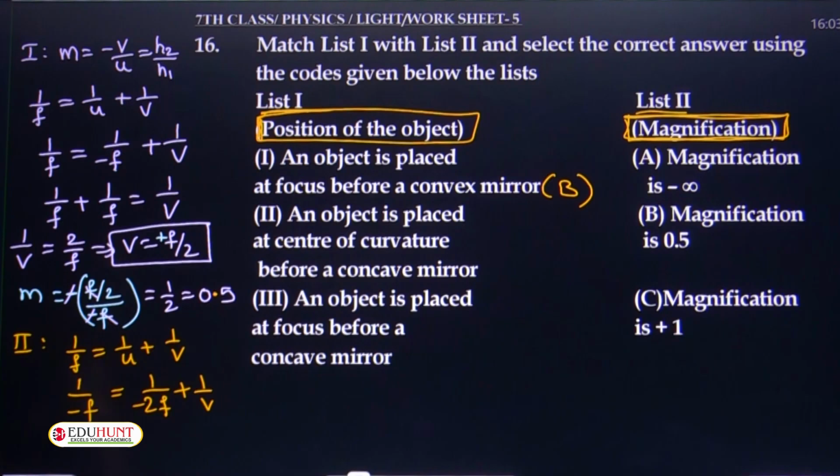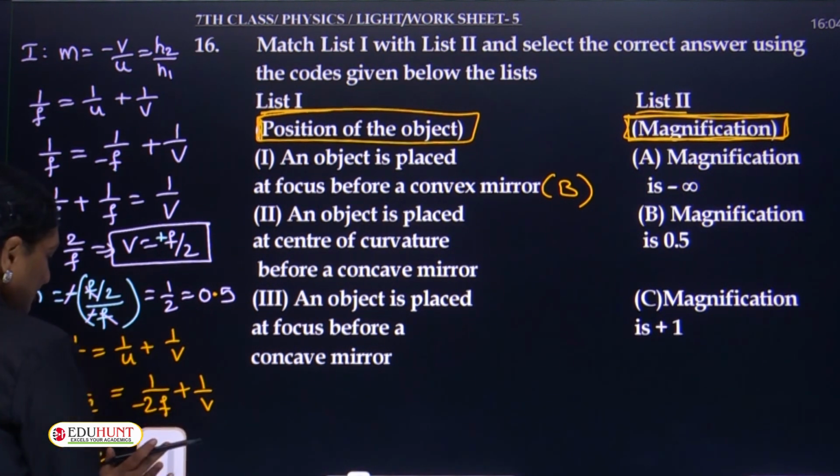Bringing this minus 1 by 2f to the other side, you have plus 1 by 2f. Plus minus 1 by f will give you the value of 1 by v. This 1 by minus f, I wrote as minus 1 by f. So simply let me write it as minus 1 by f.